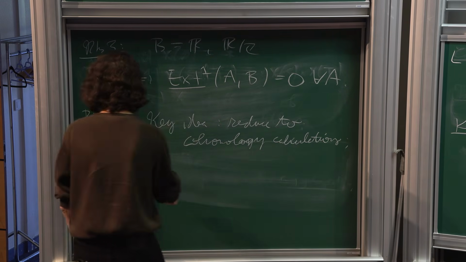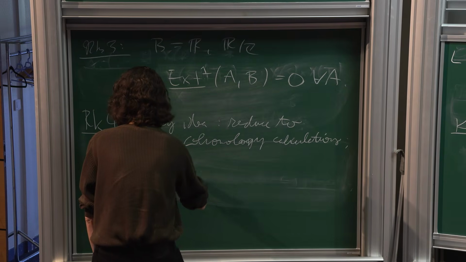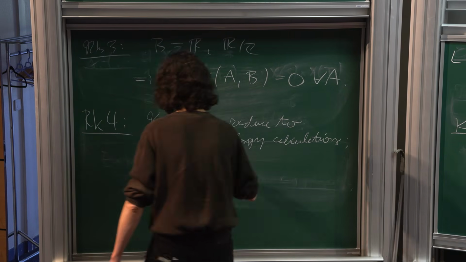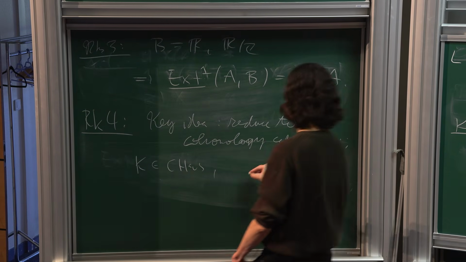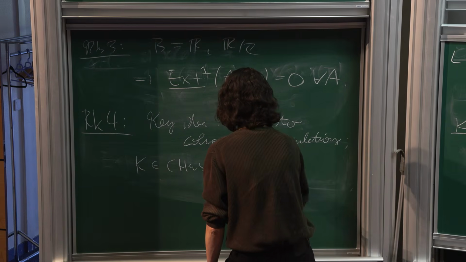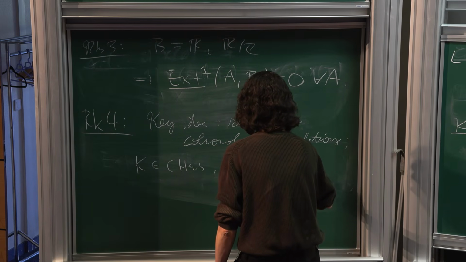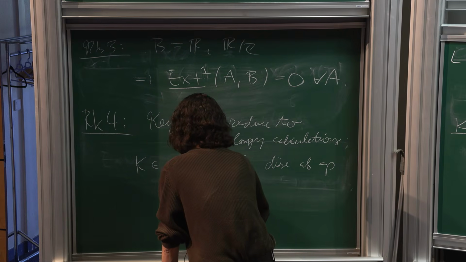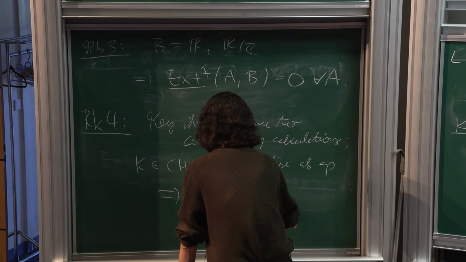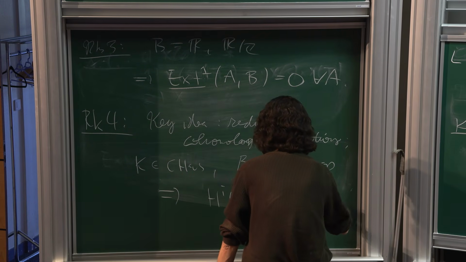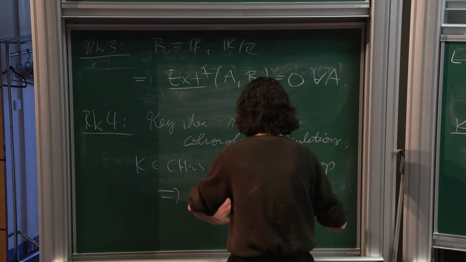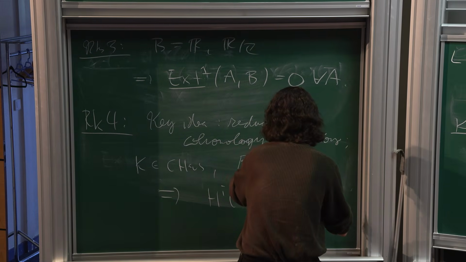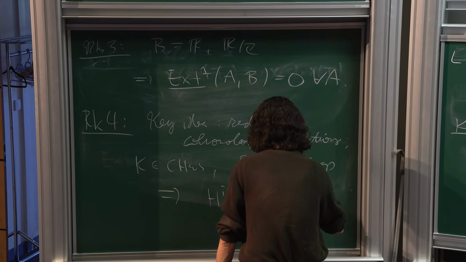And the relevant cohomology calculations are the following. So if you have a compact Hausdorff space K, and then you have B, a discrete abelian group, then H^i(K, B) equals 0 for i... Oh, no, sorry, what am I saying? This is the usual sheaf cohomology.